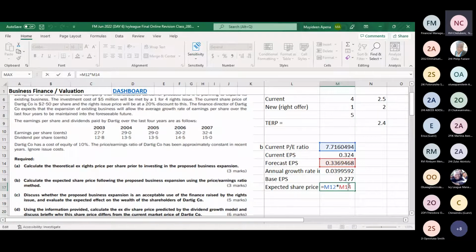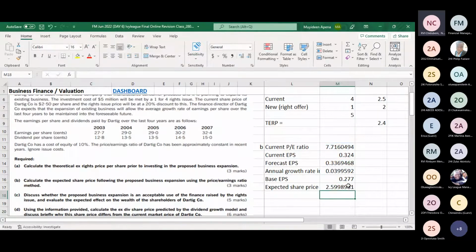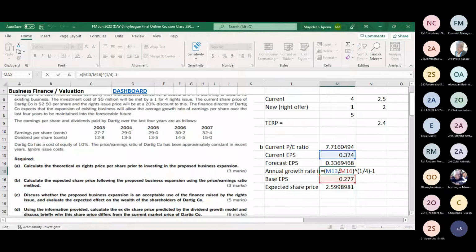Can I please see how you calculated the growth rate? The current EPS divided by initial EPS, which is the 2003 EPS, and we took it to the power of the inverse of the number of times EPS has changed.